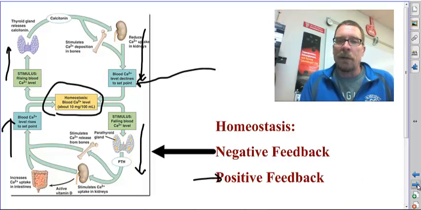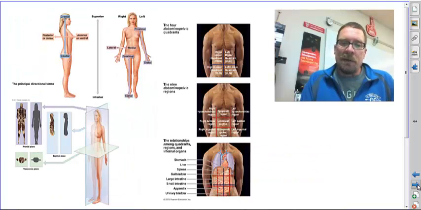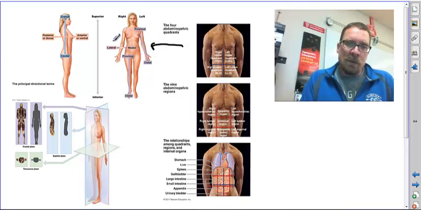but most of your systems are negative feedback. Drill and kill stuff: a lot of this first chapter is just basic anatomy. You should look at your book and just know the general terms: proximal, distal, lateral, medial, the anatomic position, anterior, posterior, superior, inferior.